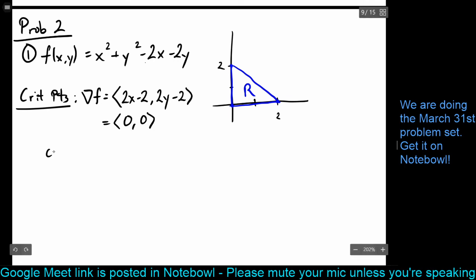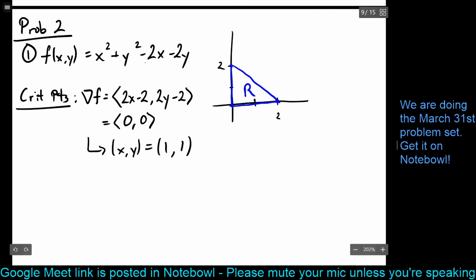This one's actually a lot easier to solve than the last problem. 2x minus 2 equals 0. There's only one option: x equals 1. 2y minus 2 equals 0. There's only one option: y has to be 1. So this is where the gradient is equal to 0.